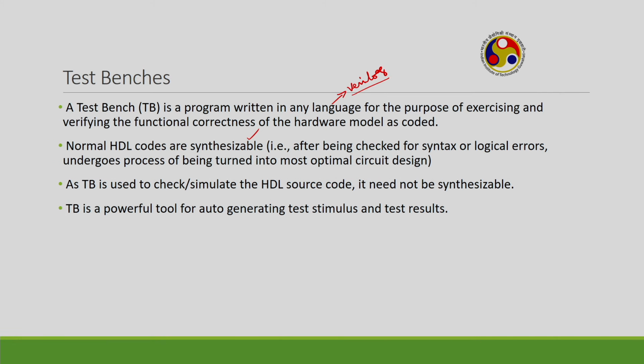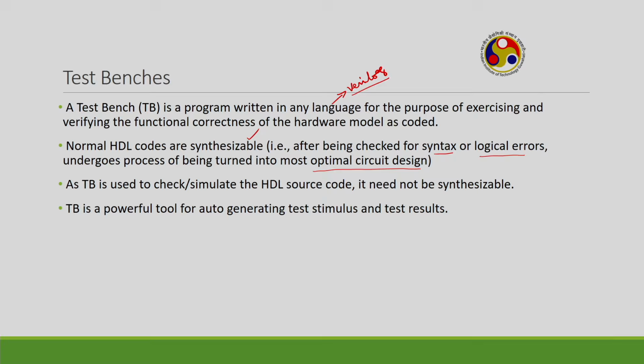After writing the program, we will check for syntax or logical errors. Once they are corrected, we will transform this into an optimal circuit design. This type of code is called synthesizable code, whereas the code written for the test bench need not be synthesizable.